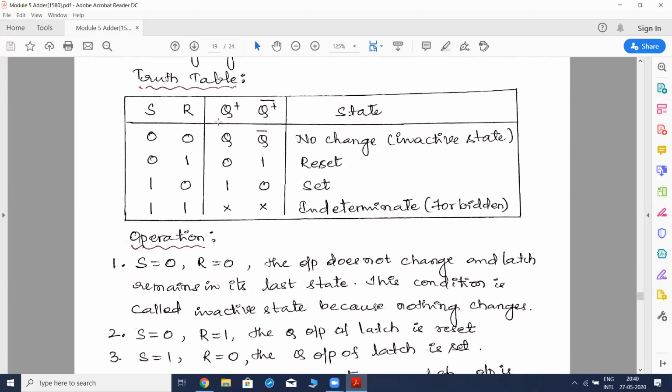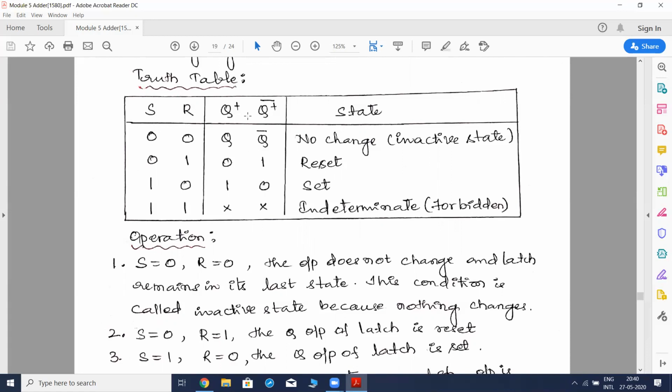So better you remember in this manner so that you will understand it better, because we can either represent this as previous state, present state, or if we consider it as present state, then Q plus is called the next state.